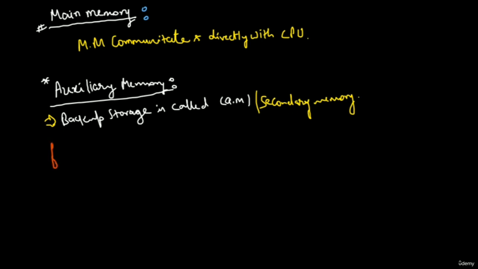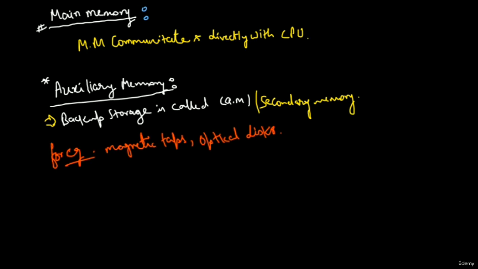Examples for the auxiliary memory: we can have magnetic tapes, which were from the old days surely, but still we study them because that was the basic. That's how it started. And we have optical discs. Nowadays we have so many more things, but that's it for the examples.